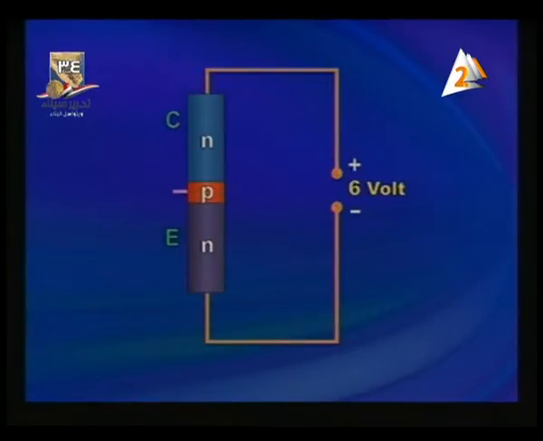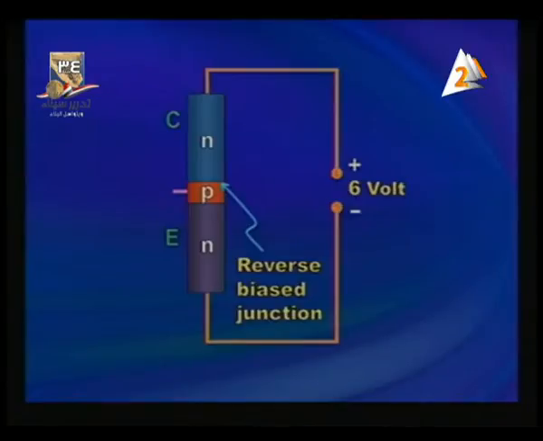Okay, in front of you we've got a circuit here. We've got a transistor, NPN transistor. E denotes emitter, C denotes the collector. It is quite clear that the base collector junction is reverse biased.